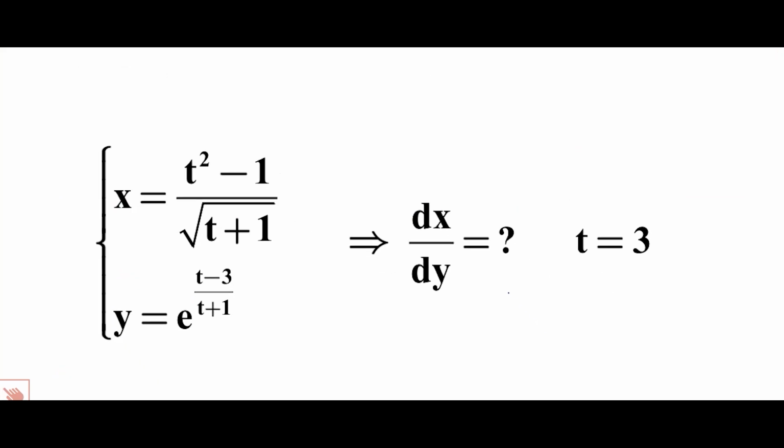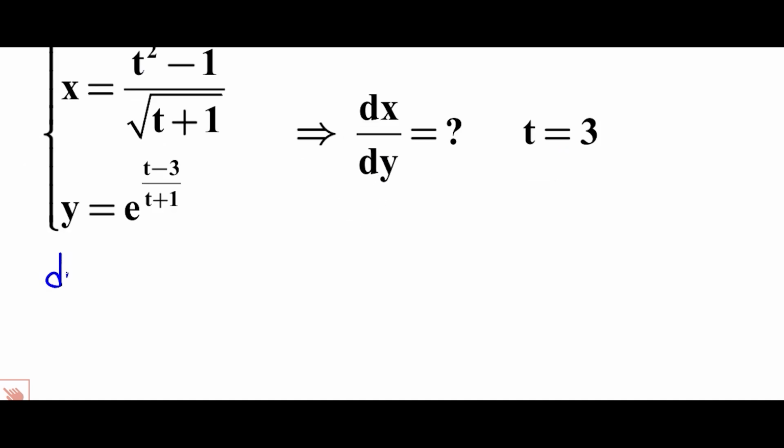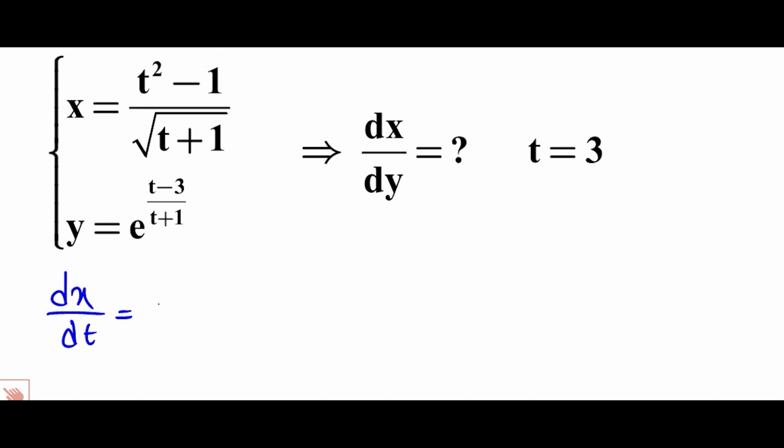Look at this example carefully. If x equals (t squared minus 1) over the square root of (t plus 1) and y equals e to the (t minus 3) over (t plus 1), we're gonna find dx/dy at t equals 3. Be careful, we're gonna find dx/dy. First, dx/dt. We use the quotient rule.